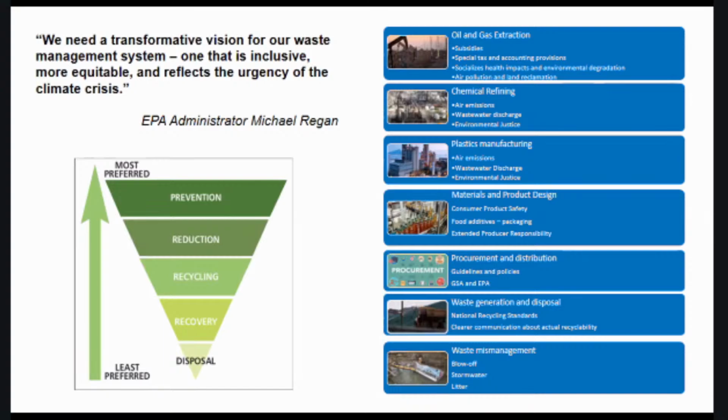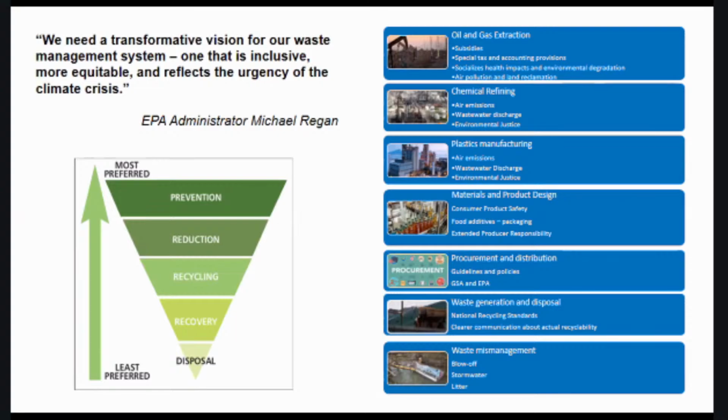And so what we really need to be doing is focusing on increasing reuse systems, extending the product life cycle or lifetime, particularly for large expensive goods, and then improving the recovery of the materials at the end of a product's life, but really focusing in on that prevention and reduction component of it.